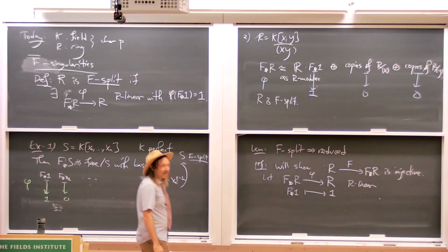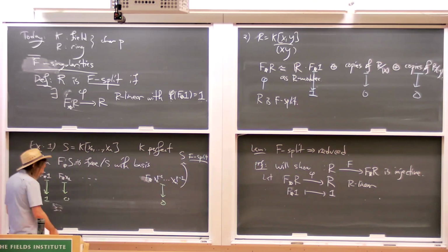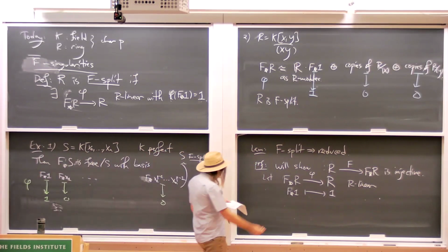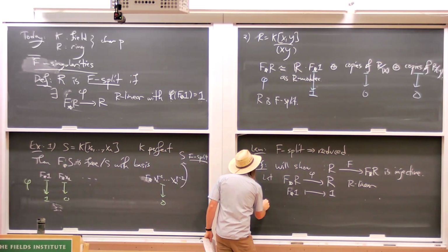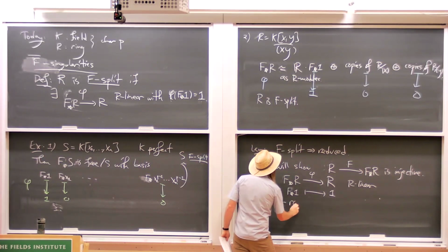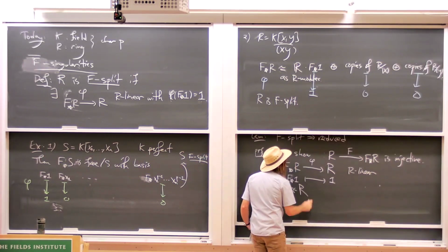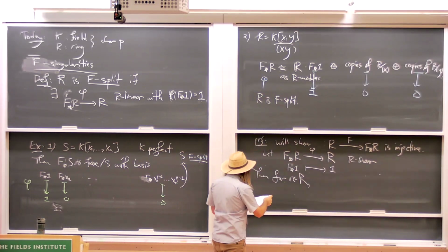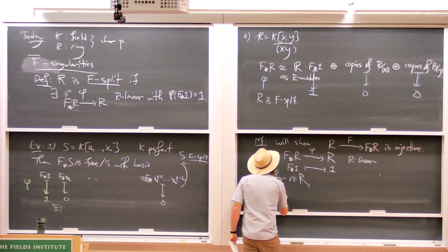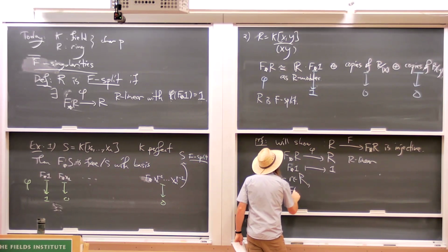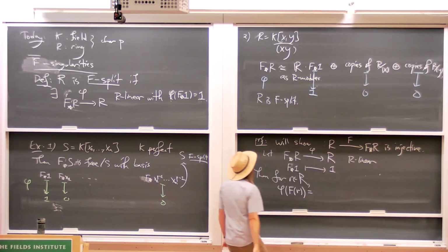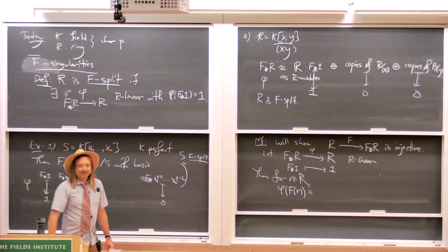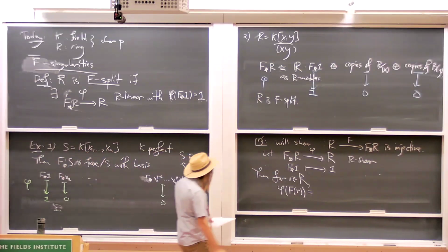Take one of those maps that we get from the definition. Let's apply F and then phi to an element.